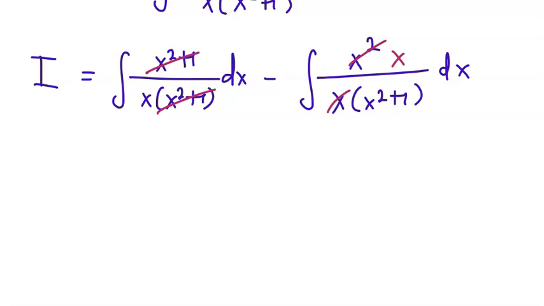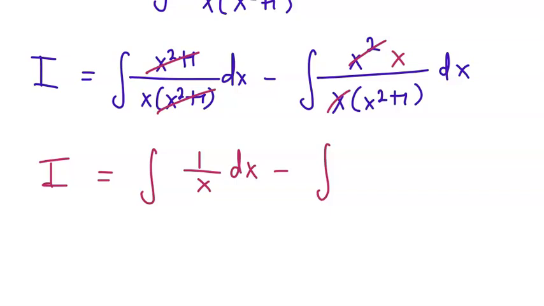So from here now we have I is equal to the integral of 1 over x dx minus the integral of x divided by x squared plus 1 dx. But I think this should be almost either the second or third line of the solution.